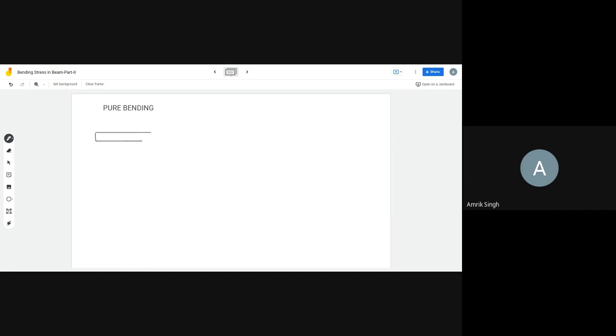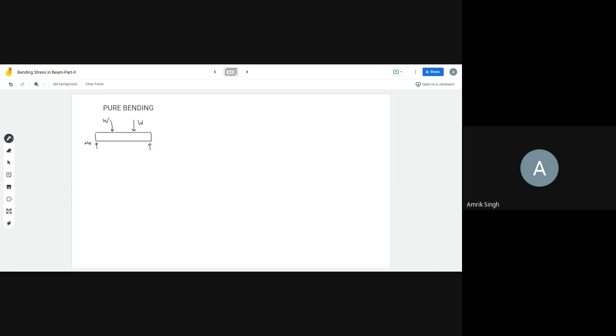Suppose this is a beam and it is under the load, say W here and W here. It is supported here and here.